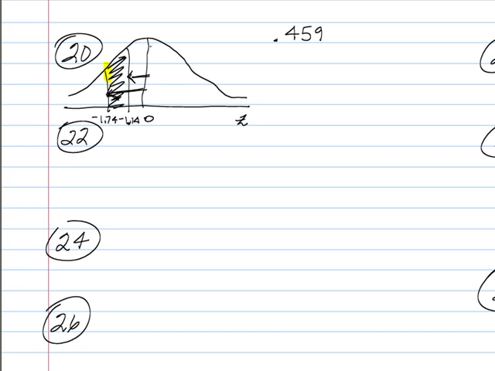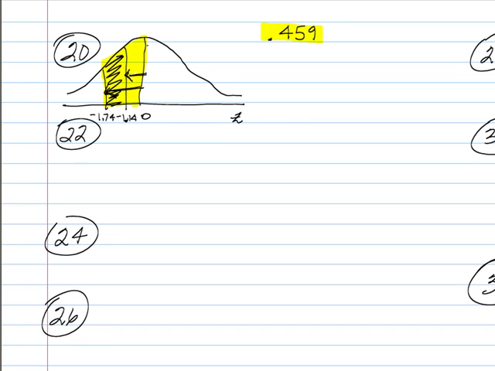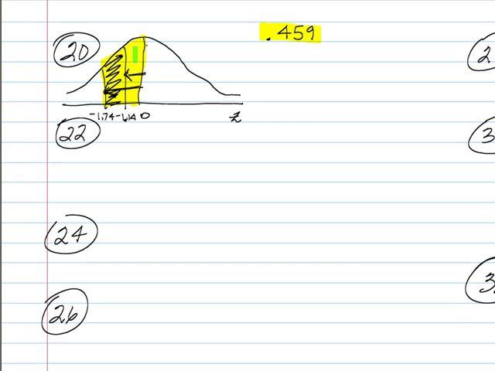Let me highlight it in. Okay, so that's our 0.459. Now what we want to do is look up the area for 1.14. Let me change my color. 1.14 is 0.373, and that's going to be this area.